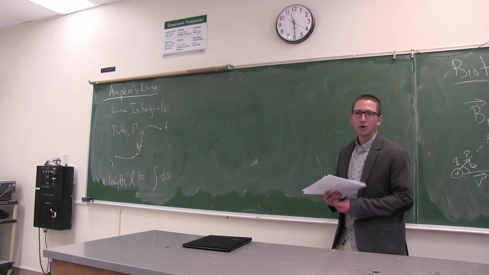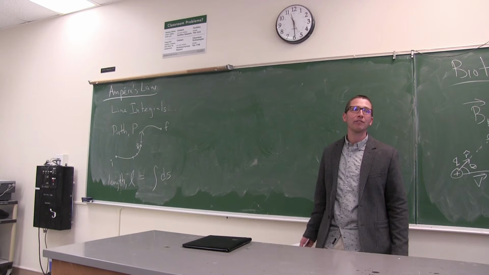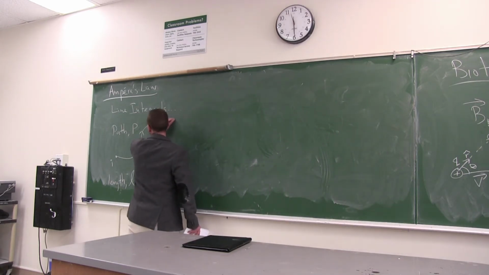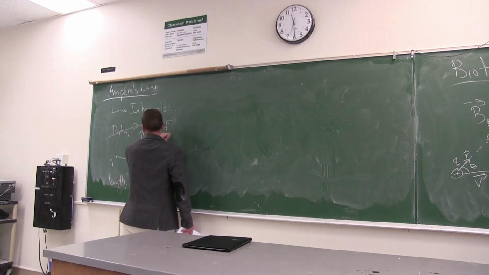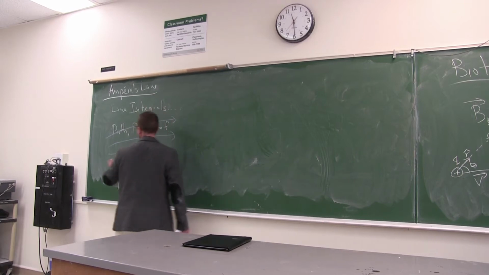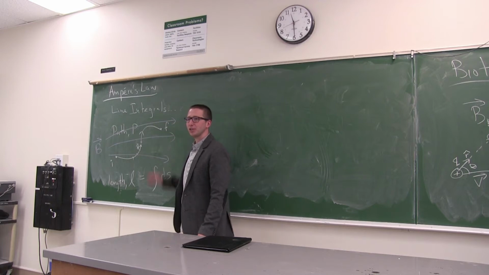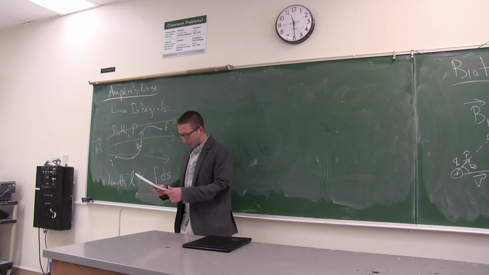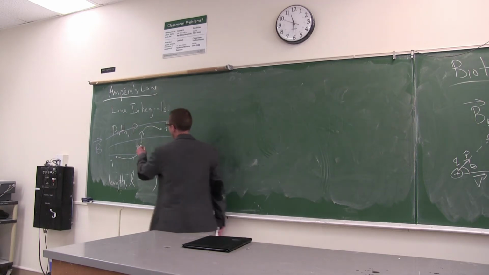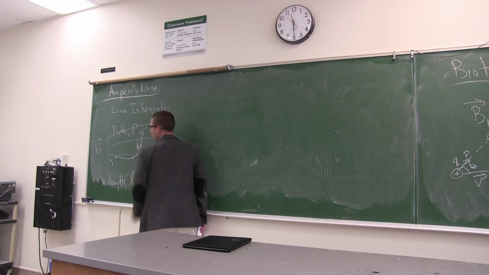So let's imagine now how we actually do a line integral. Imagine that on this path we actually have a vector field. Here's my vector field, and it's a diverging vector field to the right, and I'll say this is a B field. It's diverging as I go in this direction, so this is what it looks like here. Now we could say at each point along the path, for instance at this point, there's going to be a value for the magnetic field.